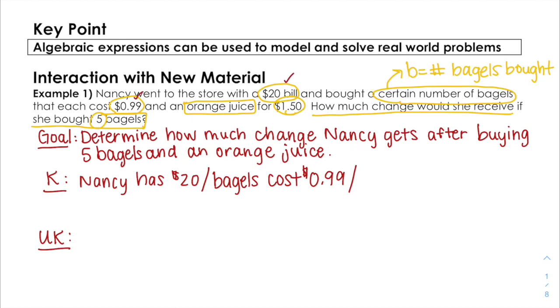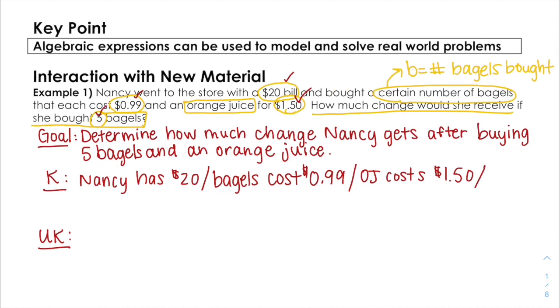Okay, so we know she's got a $20 bill. We know bagels cost 99 cents. We know OJ costs $1.50. And finally, we know that she has purchased 5 bagels.